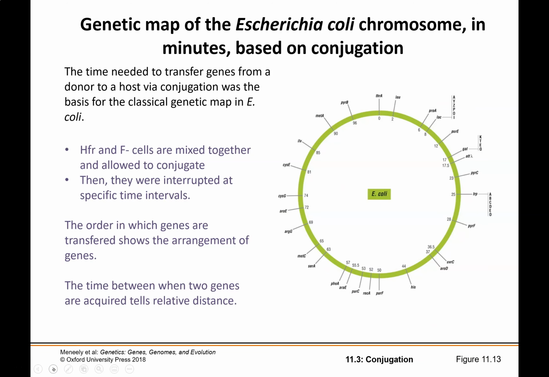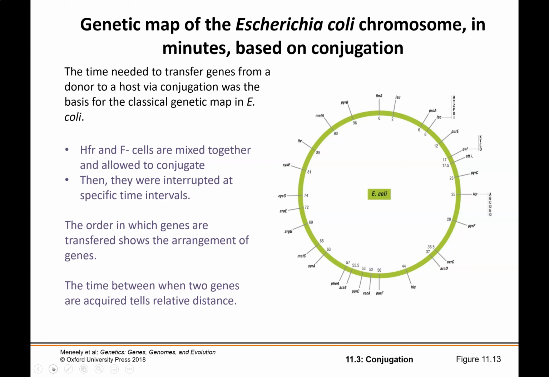One of the applications of this HFR cell is mapping. We talked about mapping in chapter 9, and I very quickly talked about the E. coli or bacterial chromosome that are mapped in minutes.